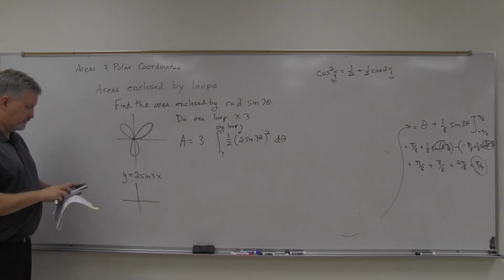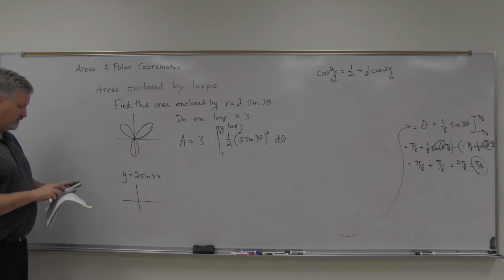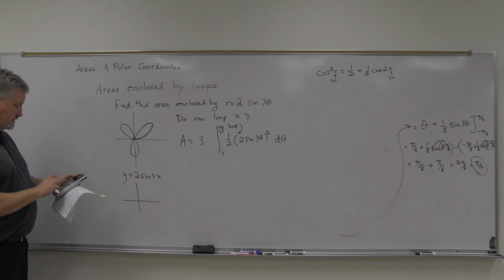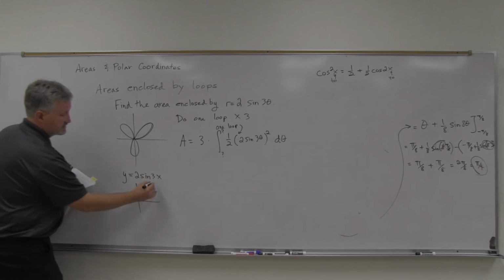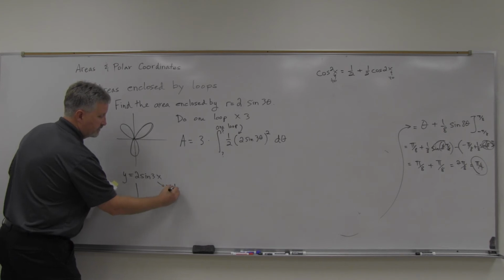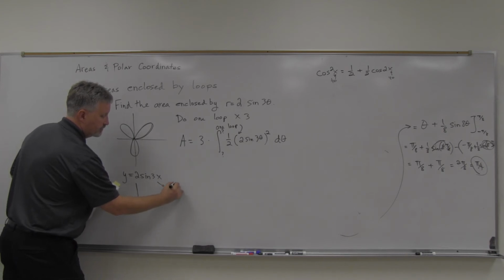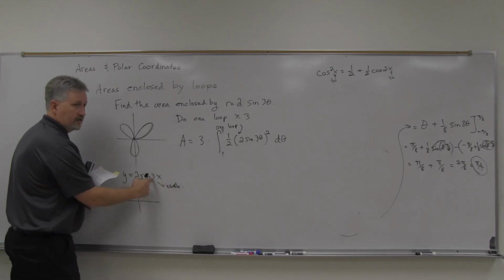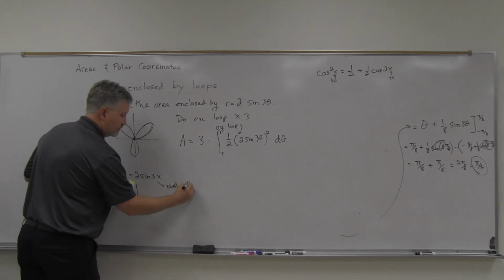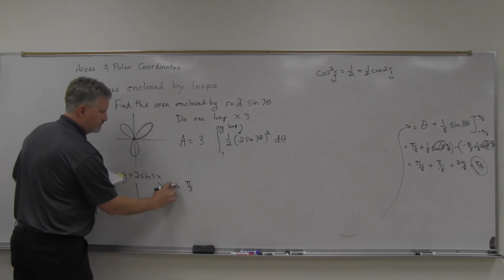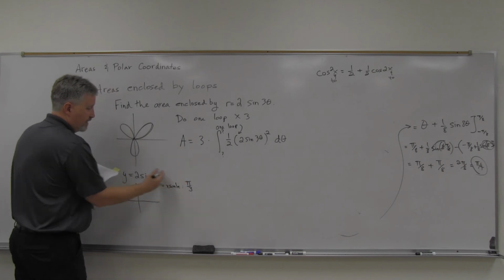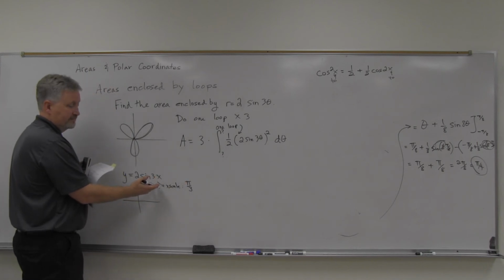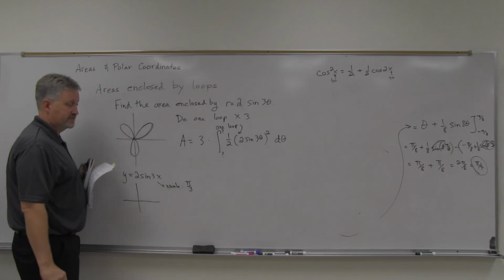So back to function mode, y equals 2 sine of 3x. In this case, where would I put my x scale? Since that's 3, I would do pi over 3. Just do pi divided by whatever that multiple of x is.